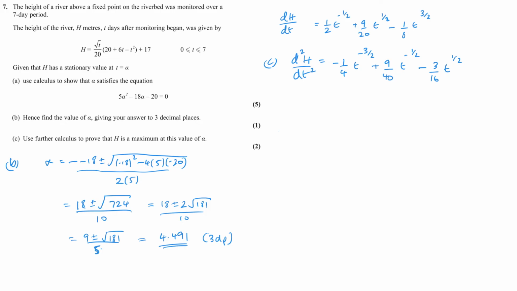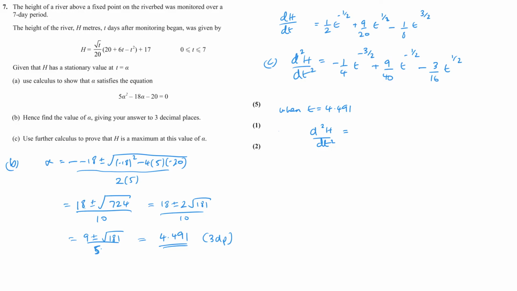And then stick in my value of alpha in, so when t equals 4.491, d2h by dt squared equals, and at this point, when you had this answer, if you used the store function, like store as a, then you can just retype this in your calculator, replacing t with the letter a, and then hit equals.